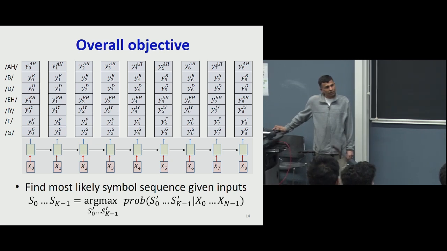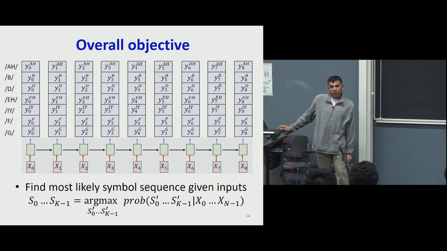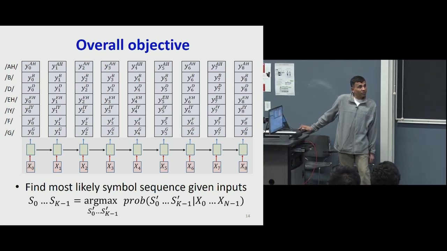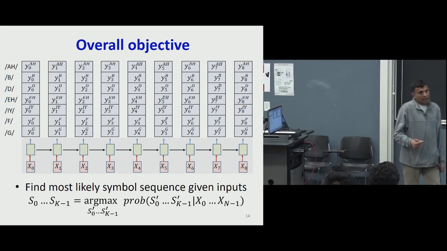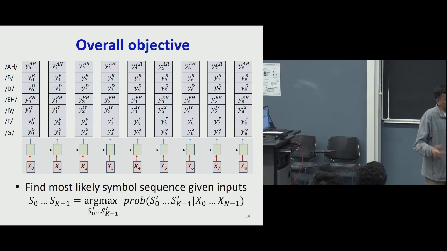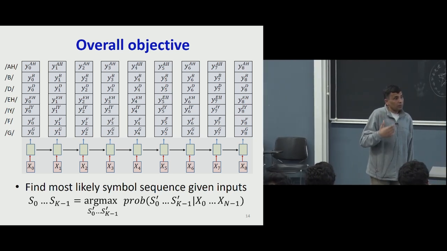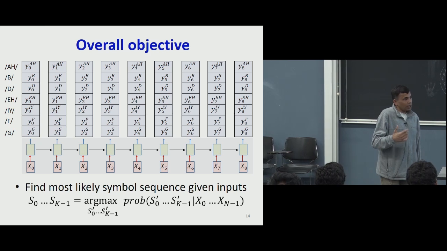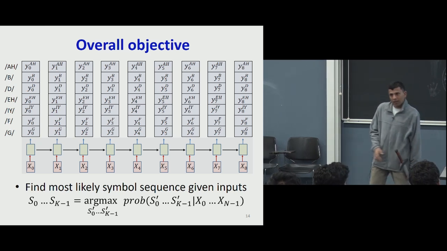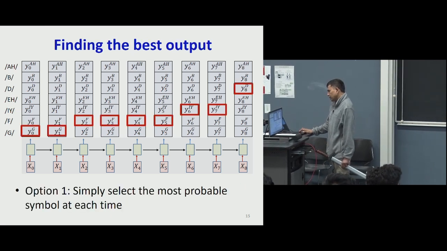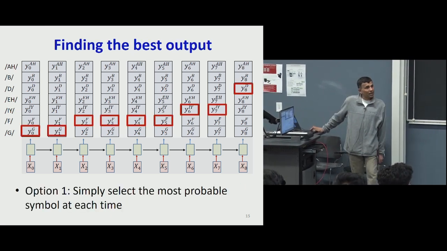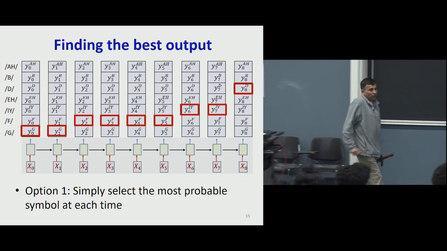Now at this point, for today's lecture, we're going to assume, first, that the output is order synchronous with the input, and secondly, that the number of symbols in the output is not greater than the number of vectors in the input. So k is less than or equal to n. Under this, here's a very simple thing we could do. We could simply pick the most likely output at each point.